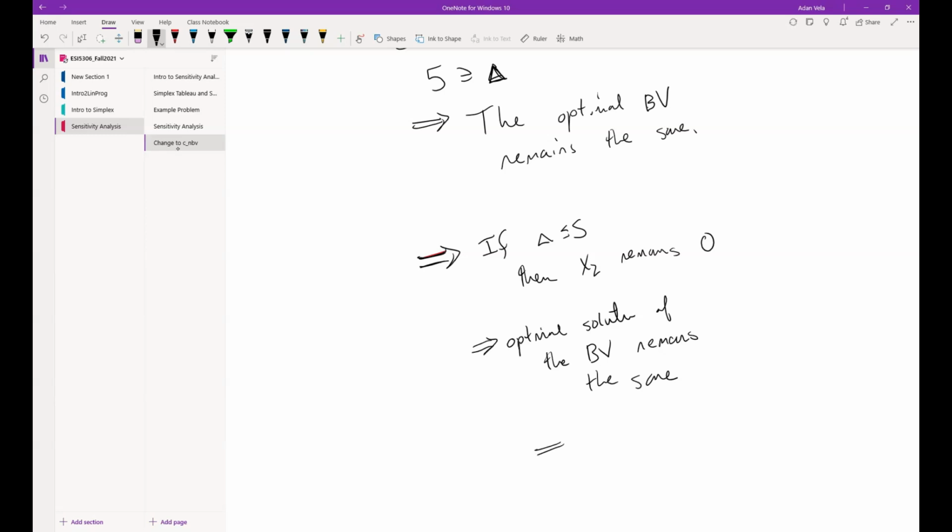And from that, it follows that if the non-basic variables don't change and the basic variables stay the same, then the optimal objective value remains the same.